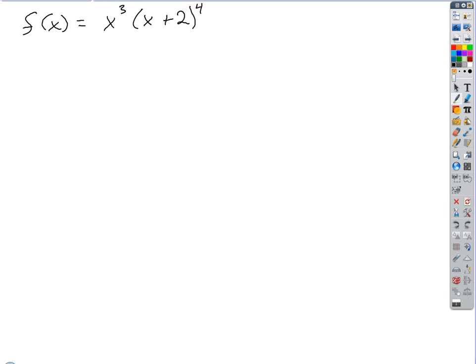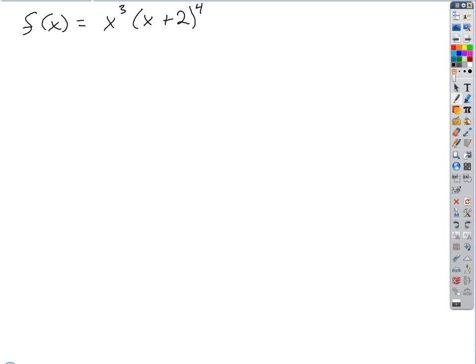If I differentiate polynomials, what do I always get back? Smaller polynomials. So right away, before we even launch into any derivatives, can you tell me if there is any place where this function or its derivatives are ever going to be undefined? No, nowhere. So the only critical numbers we'll ever need to search for will be the zeros of the derivatives.